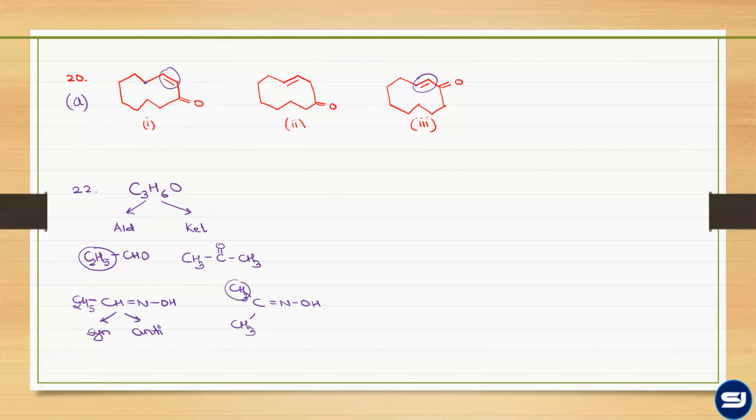But with the two methyl groups on the double bonded carbon, this is not going to show any geometrical isomerism, and that is why there will be syn and anti of the first one and the acetoxime structure. So the correct answer is B. So here structural isomerism also came in, stereoisomerism also came in. So combinedly, it was a question about both.